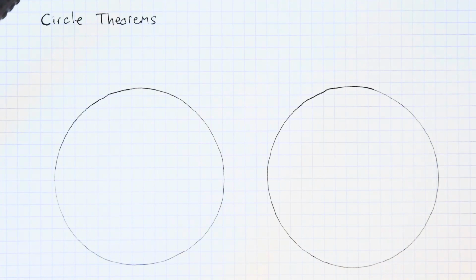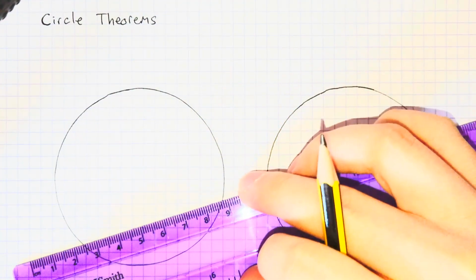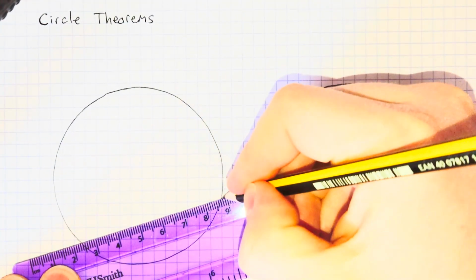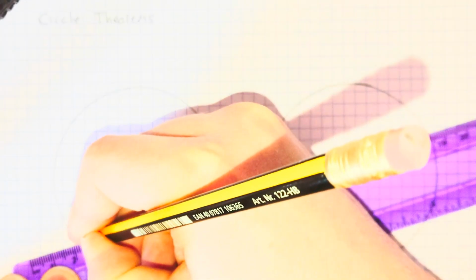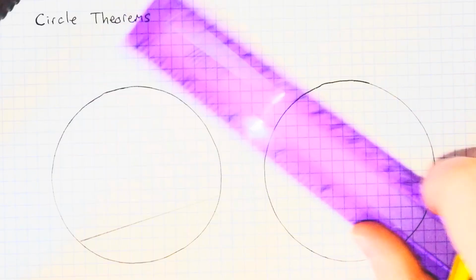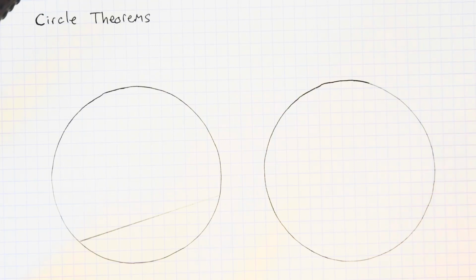So you're going to draw a chord. That's a line that goes from side to side, but not through the centre. For example, I might choose it, but you could put this absolutely anywhere you like. So it goes from side to side, but doesn't pass through the centre of the circle. Okay. What I'd now like you to do is choose 2 or more points on the circumference of the circle on the same side of that chord.